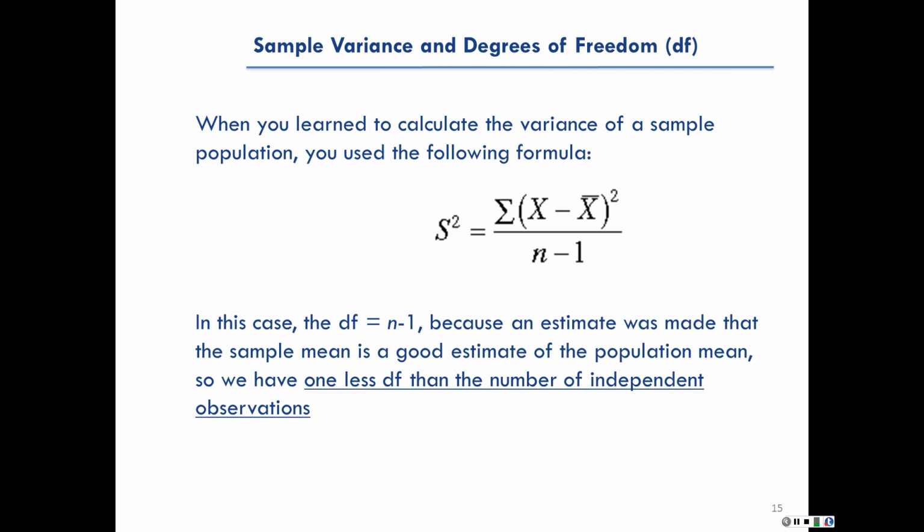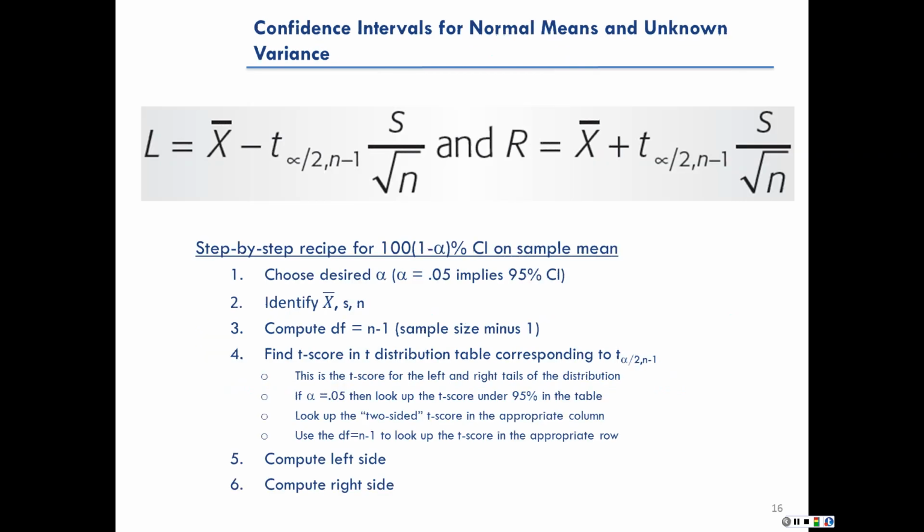Okay, so let's talk about the confidence intervals and get into how we actually compute these using the t-distribution. So we're talking now about confidence intervals for normal means and unknown variance. This is very similar to when we're using the z-distribution. As you can see in the formula there, whether we're looking at the left or right-hand side, we start with the sample mean x bar.